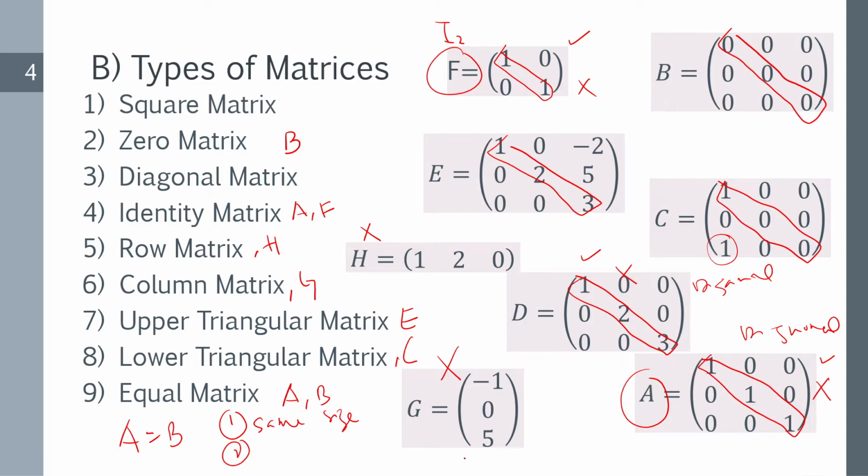For example, if I have A, B, C, D, and my other matrix is 1, 2, 3, 4, then A must be 1, B must be 2, C must be 3, and D must be 4. This is called an equal matrix: the size must be the same, and every element must have the same value.